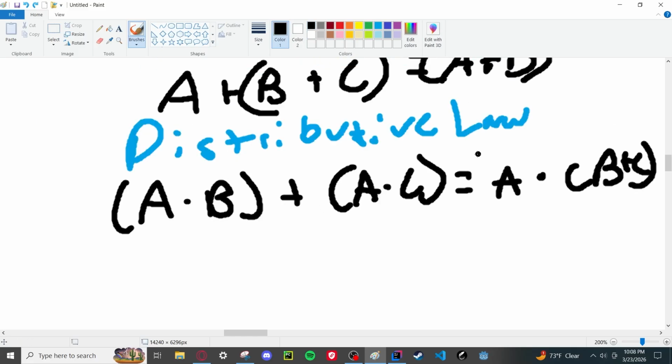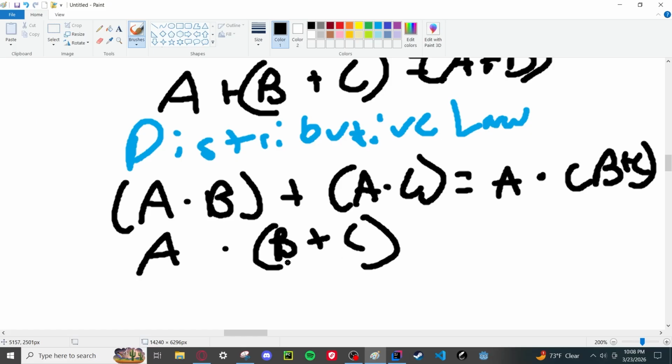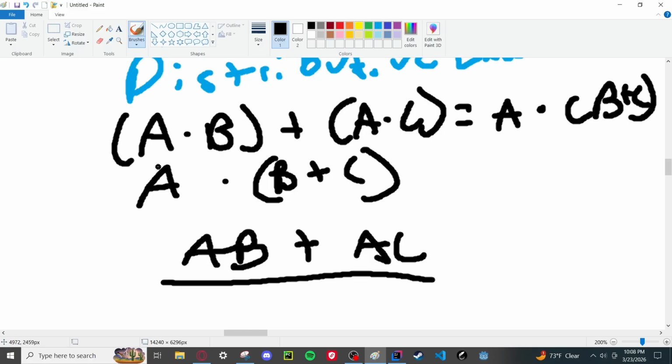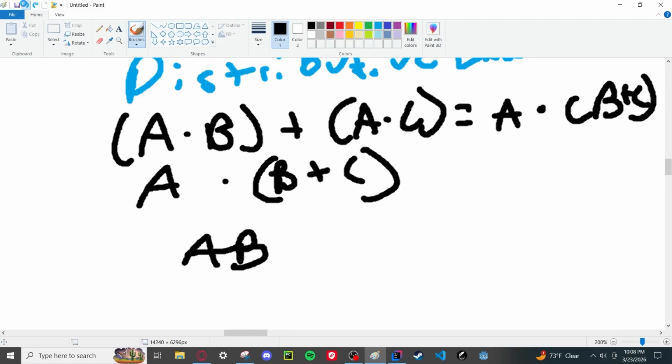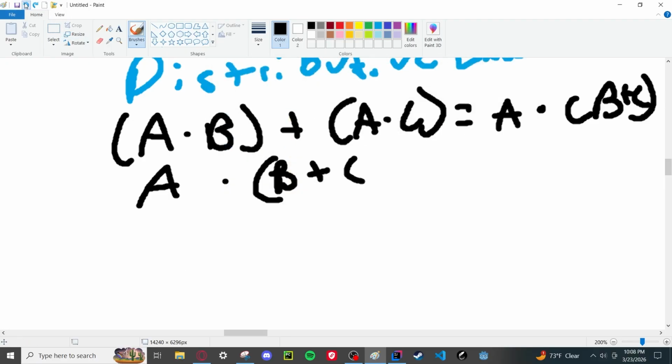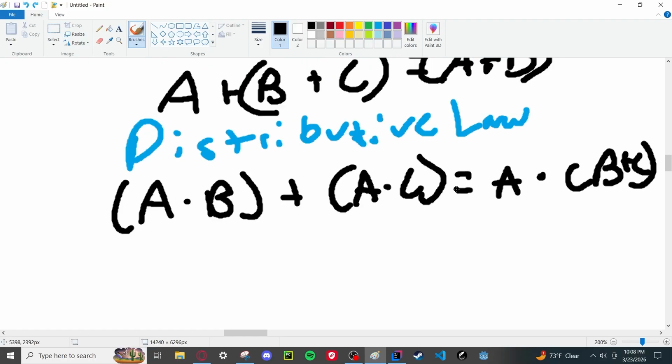If you look at A times (B plus C), you distribute the A, you get AB plus AC, which is what we have right here. This and this match up. And I'm writing it with that side first because it's more flattened, more expressive, and is probably what you're going to get on a problem.